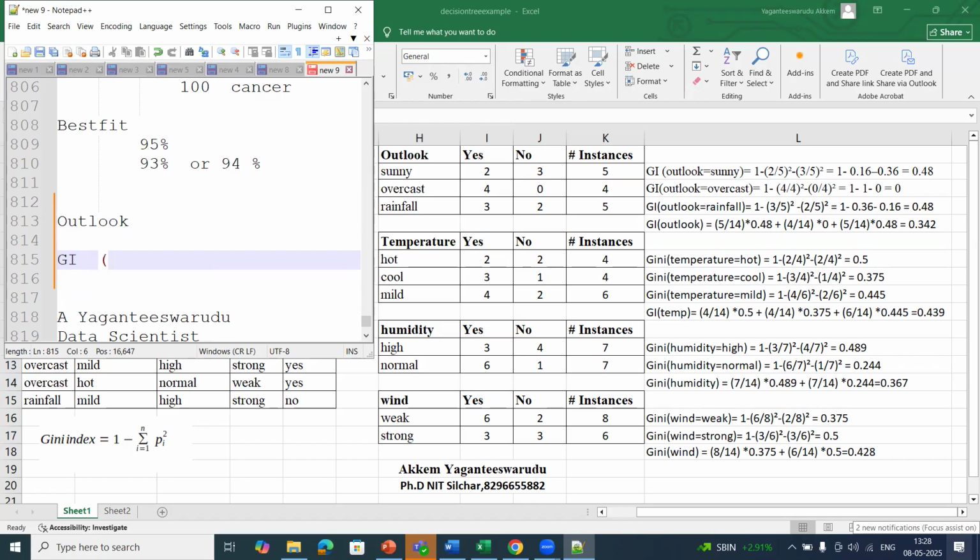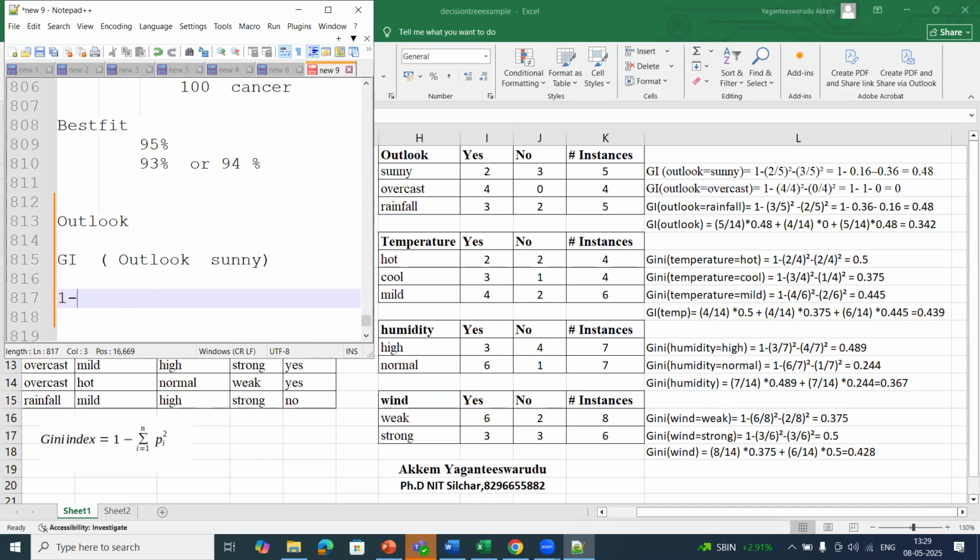It's already there in the Excel sheet, but I am going to explain one calculation so that you can understand. So where outlook equal to sunny, see here how I can calculate the Gini index. The Gini index formula is 1 minus summation of p i square, where p i is the probability for each class of that feature.